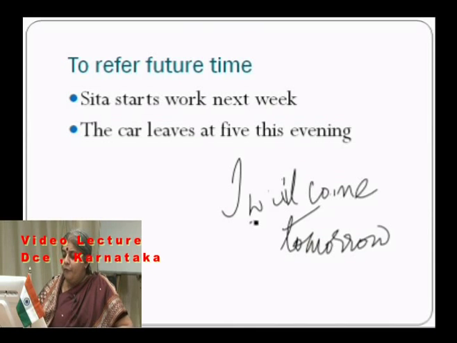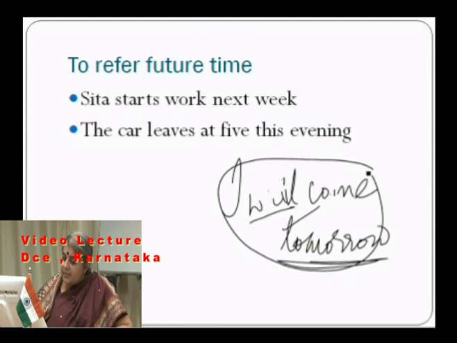Now the verb will is in which form? It is in present tense form. Tomorrow is a marker of what? Your coming. Now where is the future? The whole sentence talks about what? Future time reference. I will come tomorrow.